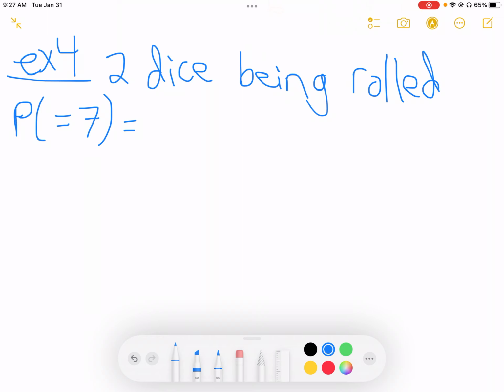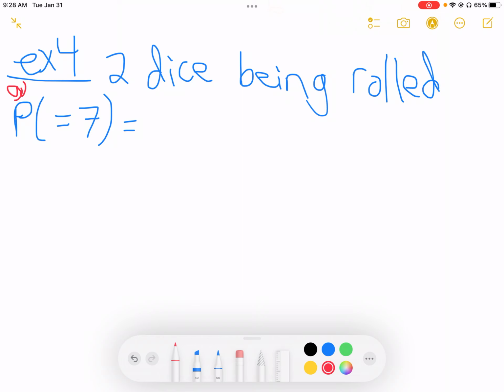And actually, this is the first part, part A in this problem. Part A: probability that the sum equals 7.